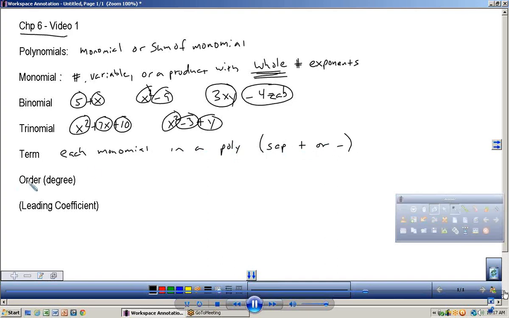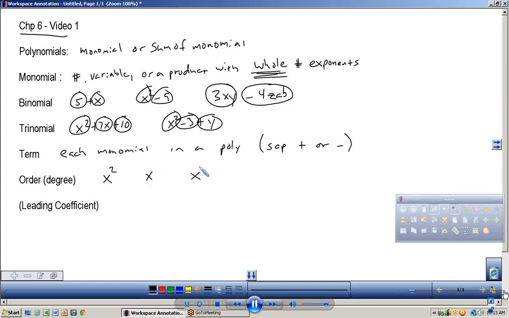Okay? Now, the order is a different thing altogether. The order or the degree of a monomial is the sum of the exponents on the term. Let me show you what I mean. If you have x squared, the order of that monomial is 2. If you have just x, there's a 1 right there, so that's first order.